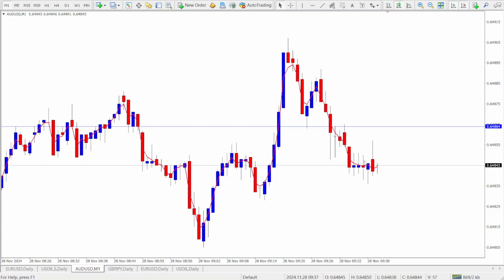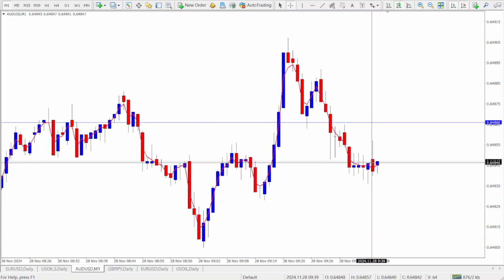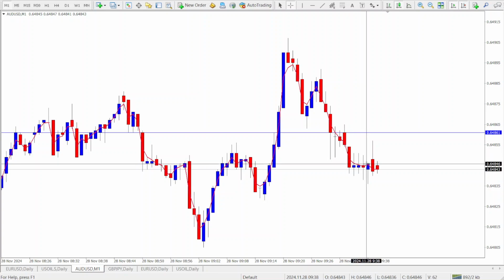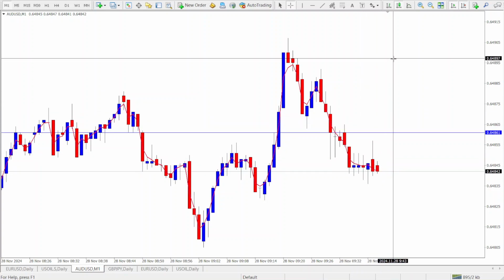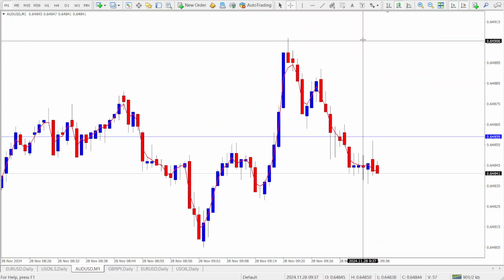For example, if the last 2 closing prices were, where's our OHLC? See the OHLC, the open, high, low, close prices is what we're going to look at now.